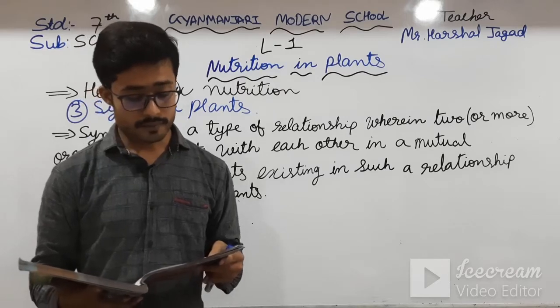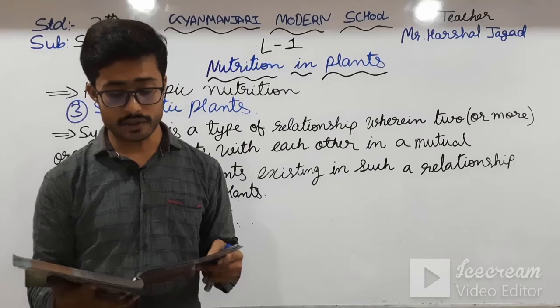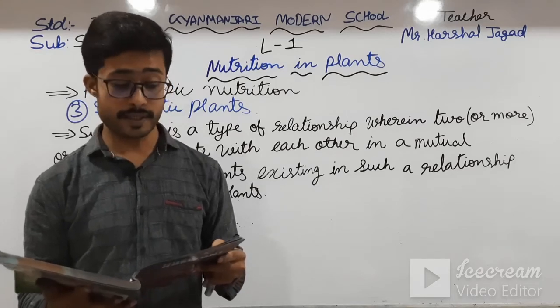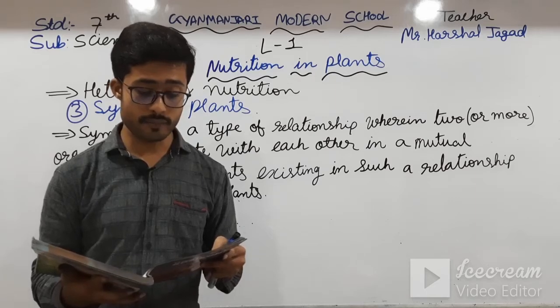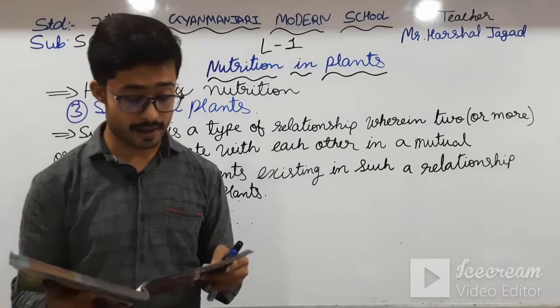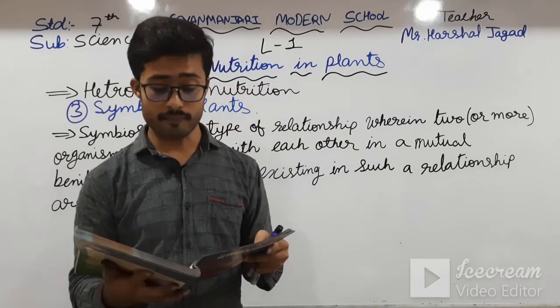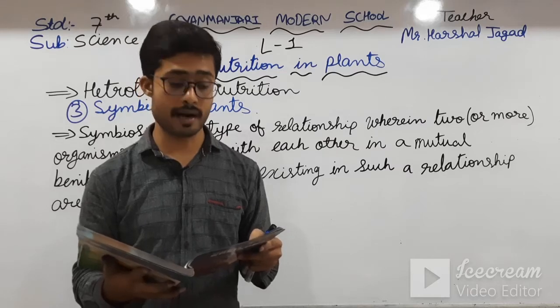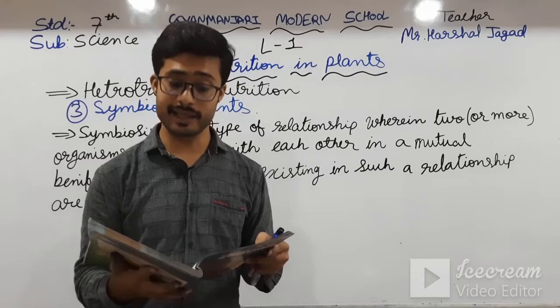A common symbiotic relationship is the relationship between leguminous plants such as beans and peas and a bacterium called rhizobium. Rhizobium present in the roots of the leguminous plants converts atmospheric nitrogen into nitrogen compounds that can be used by the plant. The plant, on the other hand, provides nutrition to the bacterium.